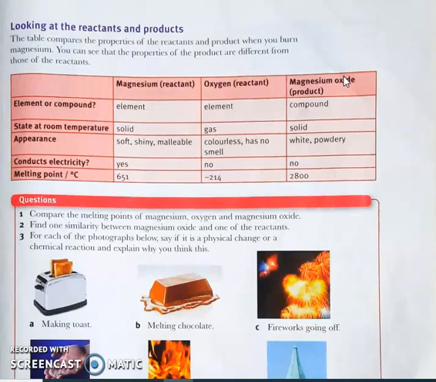A compound is a substance which is chemically bonded and contains two or more elements. It is solid, white and powdery. It will not conduct electricity, and its melting point is 2800 degrees Celsius. So its properties are entirely different from those of its reactants.